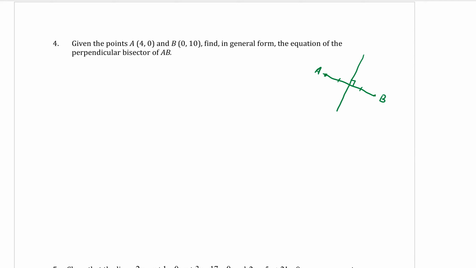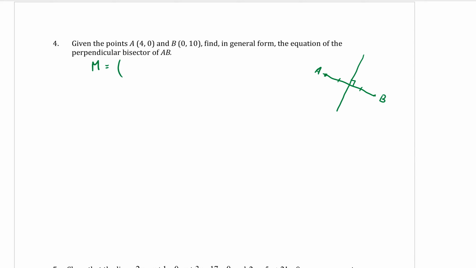I want to find the equation of that second line that I've just drawn there. So first of all, the bisector part. Bisect means to cut that interval in half, which is why I put these little lines in here to show that I'm going to cut AB, so those two bits there are the same. It means the midpoint. So let's find the midpoint of A and B. That's the capital M formula, where we average the x's.